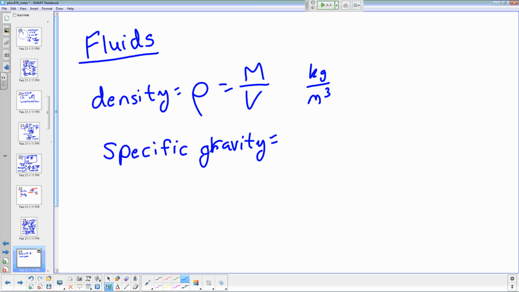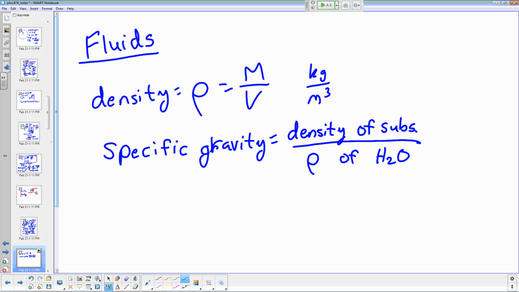The specific gravity is equal to the density of the substance divided by the density of water. And the density of water, of course, is 1 gram per cubic centimeter.